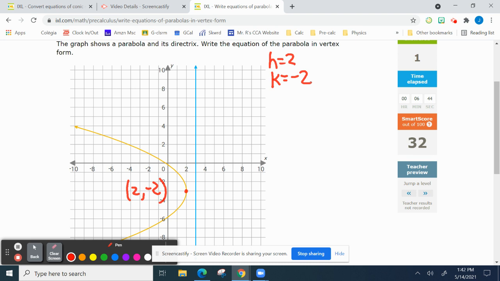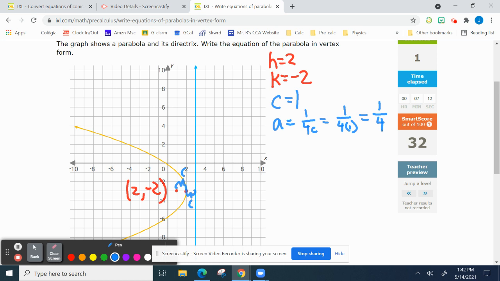C is the distance. If we had the focus, we could find c that way, but we have the directrix, so we can find c with this distance. c equals 1, so a equals 1 over 4, and c equals 1 over 4 times 1, which equals 1/4.